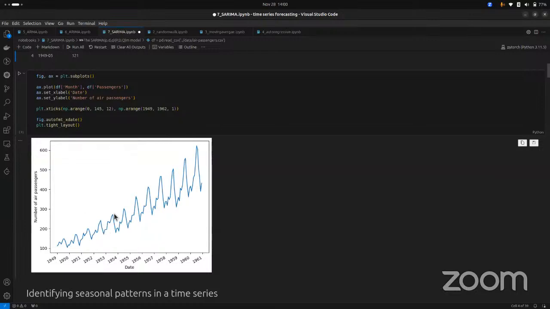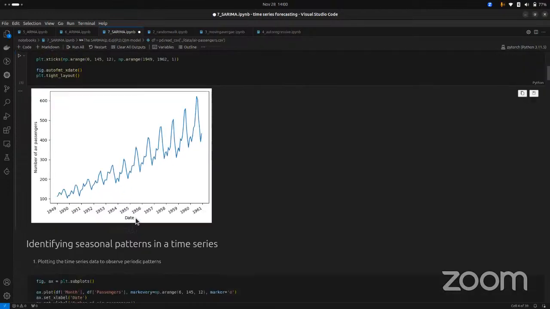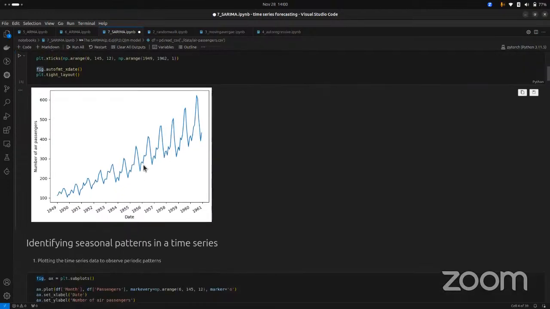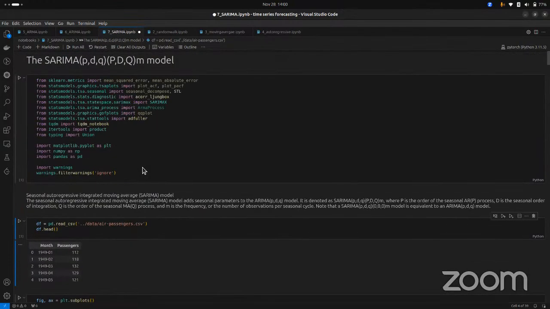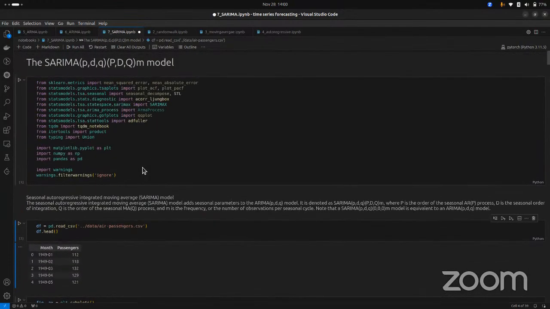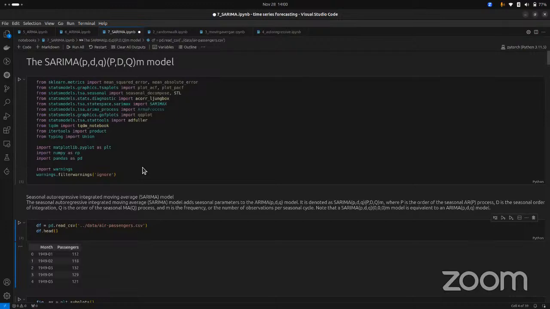So that means there's seasonality, right? So maybe by July, August, sorry, by July, August, there are some peaks, and maybe in the beginning of the year, there are some troughs, right? So that's seasonality, right? So that's where the seasonal part comes in, right?